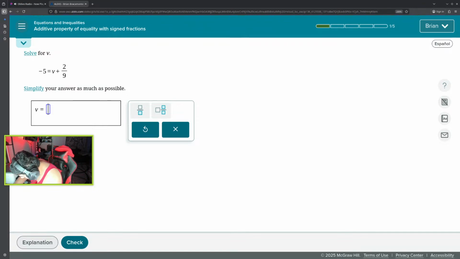And then subtract 2 over 9 equals v. Now, they're both negative, so basically just add the 2 to the 45, and it's going to equal negative 47 over 9 equals v.